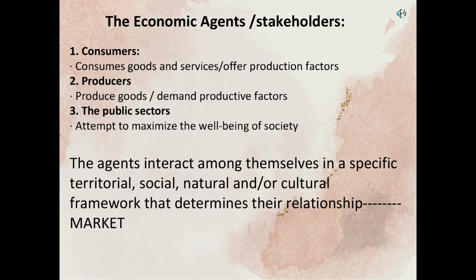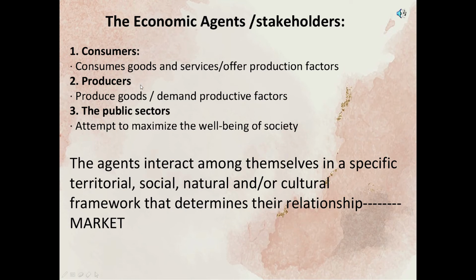We also have the economic agents or stakeholders involved in the economy. We have consumers, producers, and the public sector. Consumers are the ones who consume goods and services. They offer production factors. We have to consider their needs and wants for us to maximize profit.